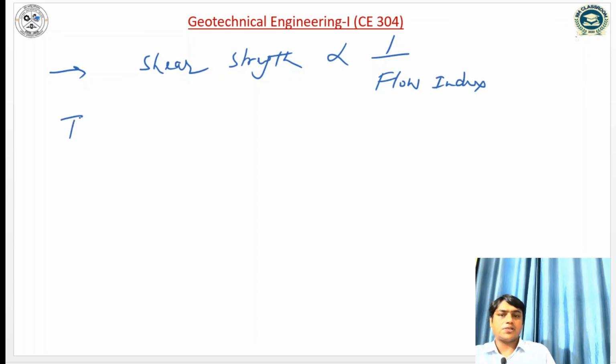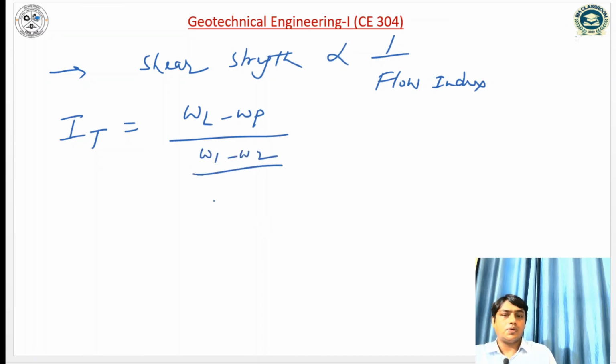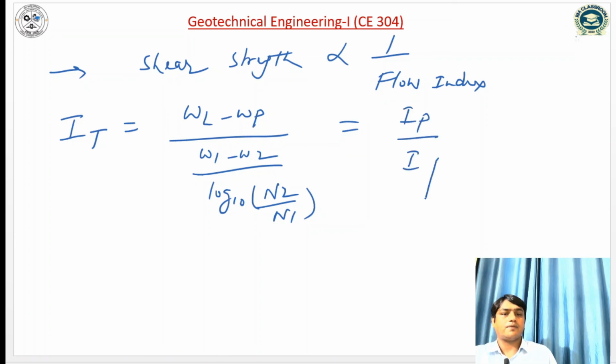So the toughness index IT can be written as the ratio of plasticity index: WL minus WP divided by IF, which can be written as W1 minus W2 divided by log 10 N2 by N1, or simply IP by IF.